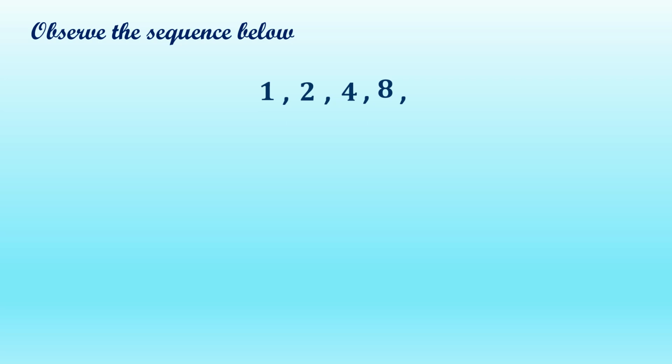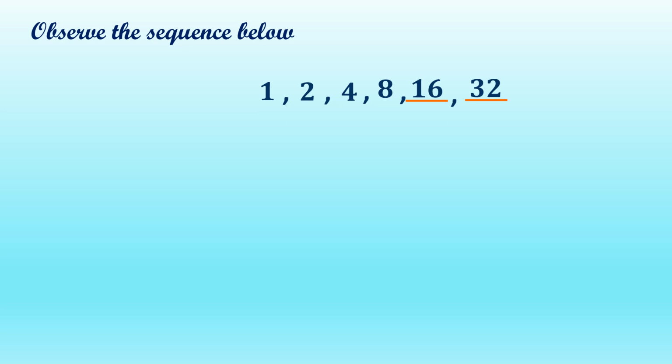We can see that if we multiply the current number by 2, we get the next number in the sequence, which is 1 times 2 is equal to 2, and then 2 times 2 is equal to 4, and 4 times 2 is equal to 8. So if we multiply 8 by 2, we get the next number in the sequence, 16. And the next number in the sequence would be 16 times 2 is 32.